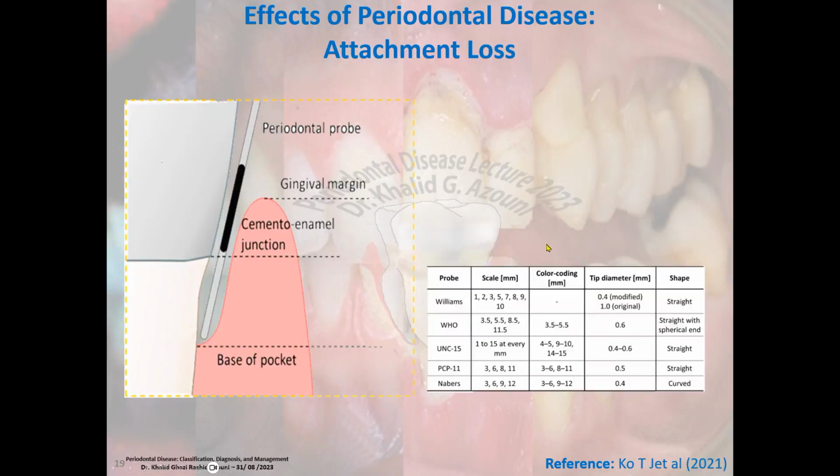Attachment loss. It's measured by periodontal probes, different kinds of periodontal probes here. The Nabers probe is for the furcation, measurement of the furcation, while the other probes are for measurements of pockets.